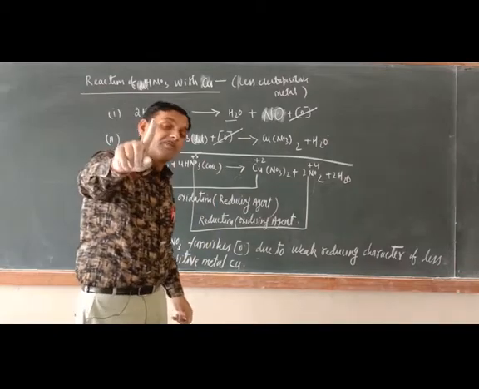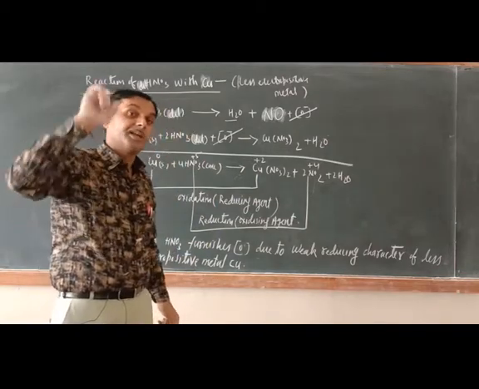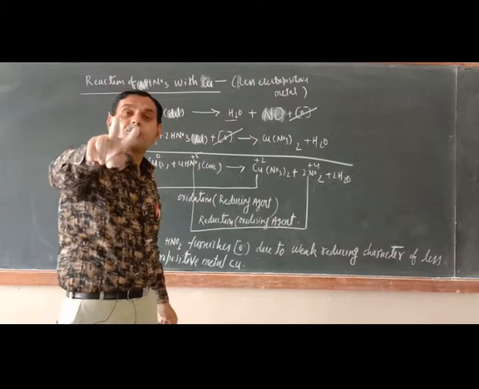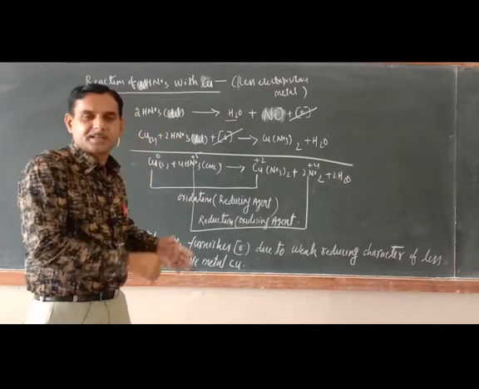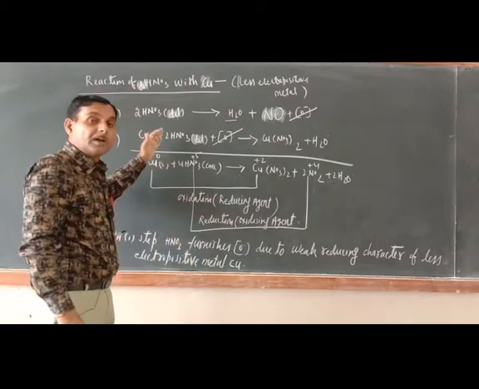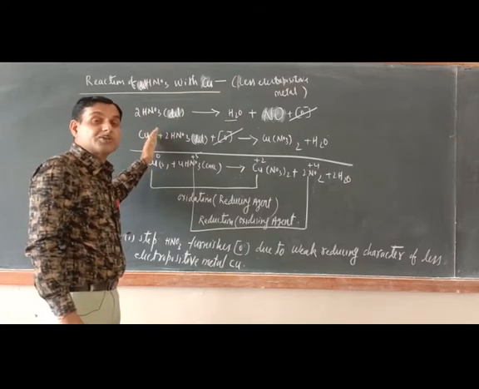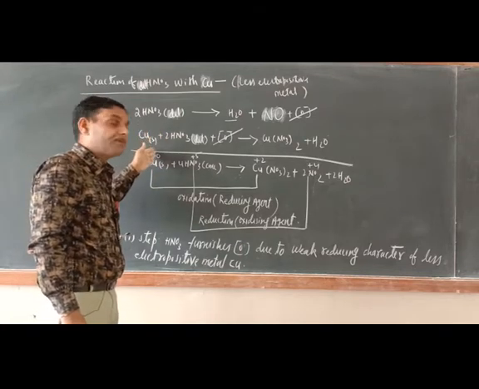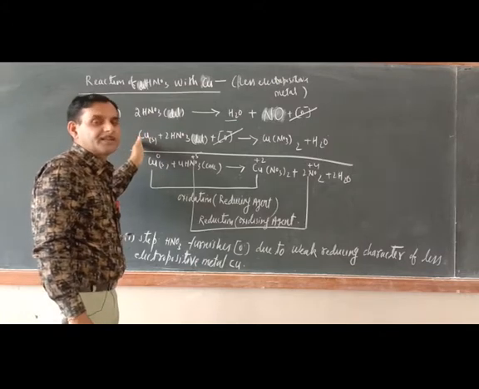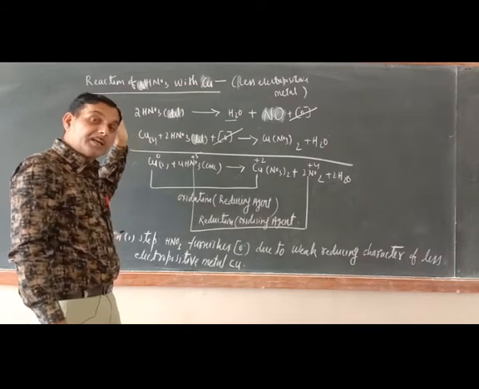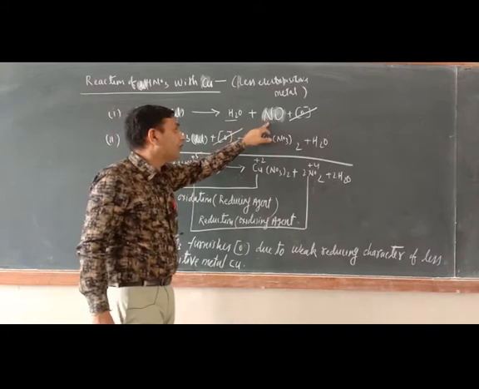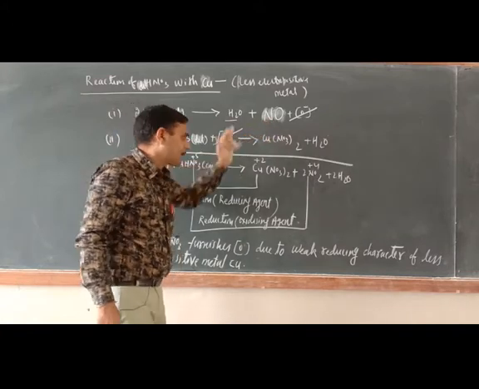There zinc was a strong reducing agent, and the acid was also dilute, so both favorable conditions were there. Here only one favorable condition is there, that is the dilute HNO3. The second one, copper, is a weak reducing agent. That is why it should have been N2O, but N2O is not the product.